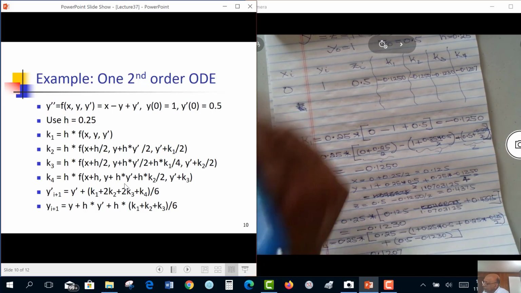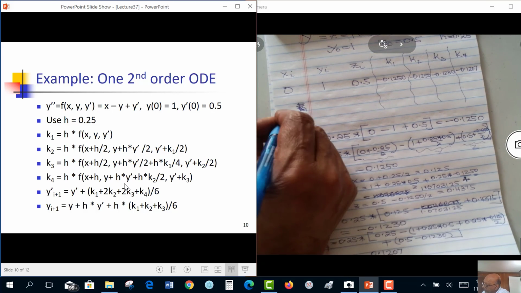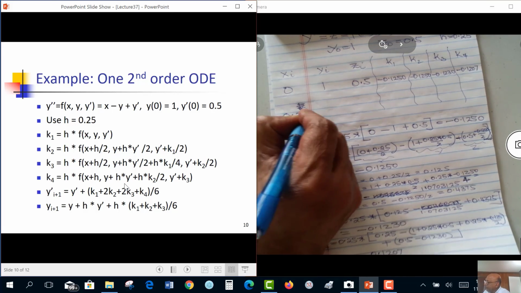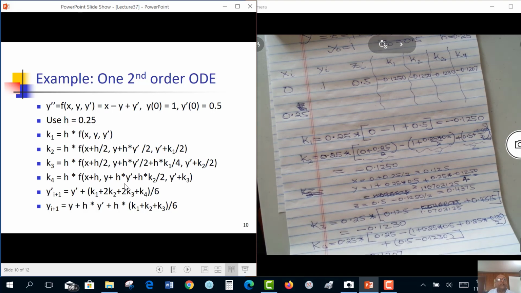Okay, so our xi becomes 0.25. Our y will have this equation, y plus h times z plus h times k1, k2, k3 divided by 6. So let's calculate that.